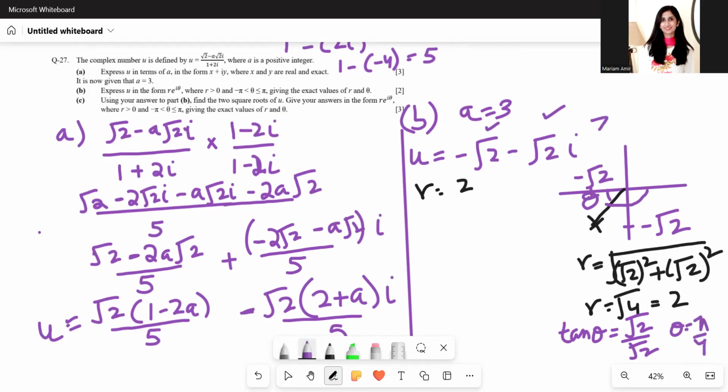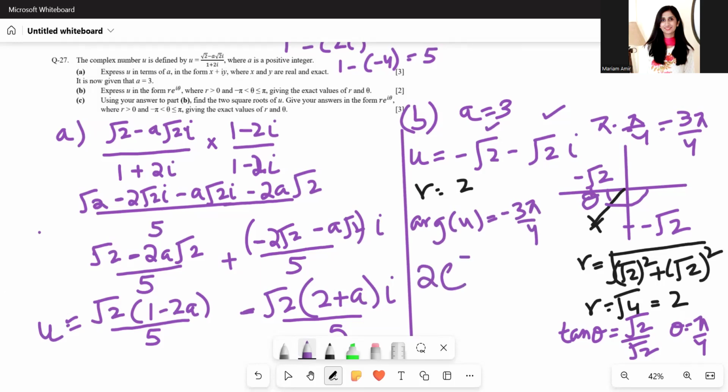Then pi minus pi by 4 would be 3 pi by 4, but with a negative sign. So the argument would be negative 3 pi by 4. So write it in proper polar form: 2e^(−3 pi by 4 iota) equals u. All right. Part B is done.